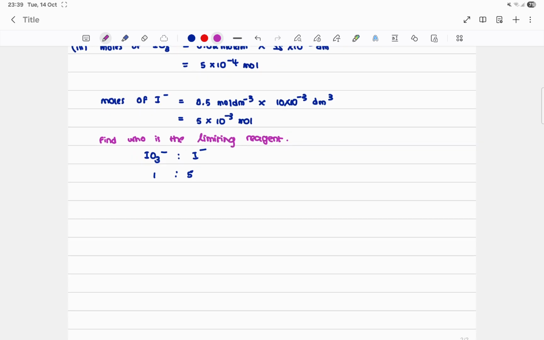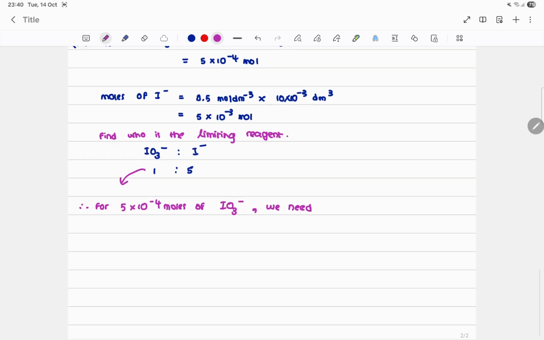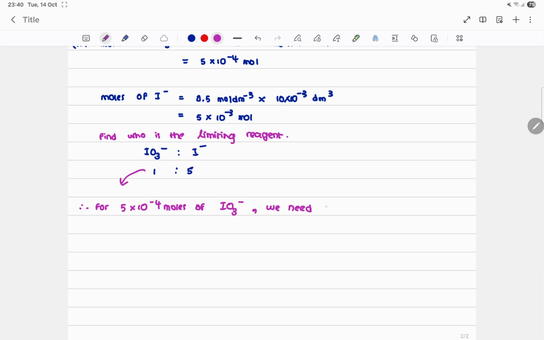For that, we need 5 times 10 power minus 4 times 5, which equals 2.5 times 10 power minus 3 moles of I minus.